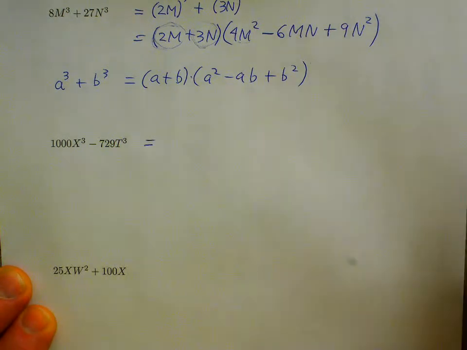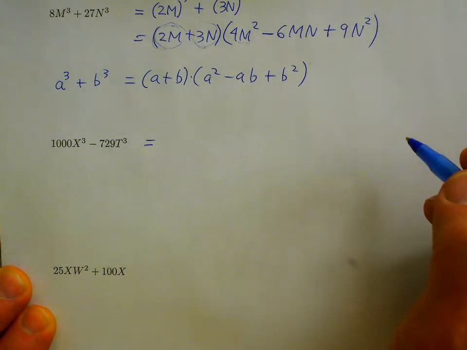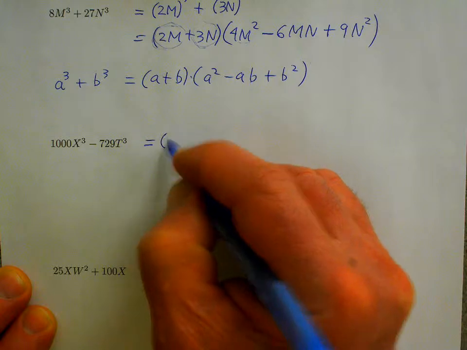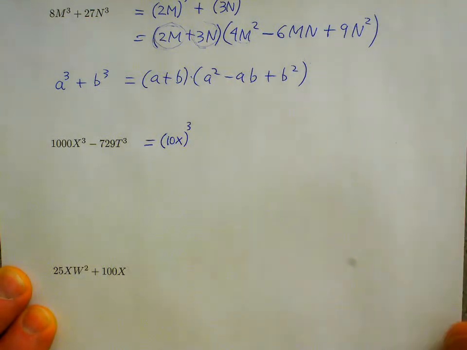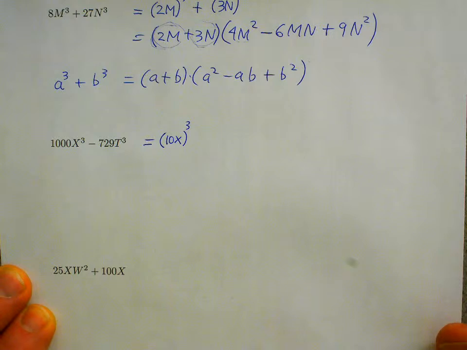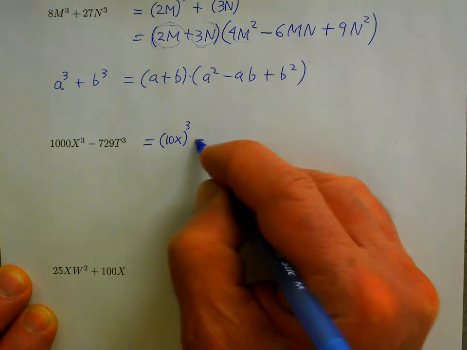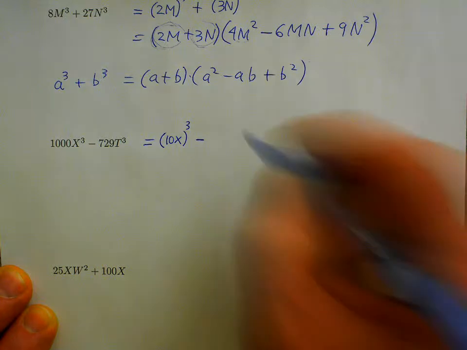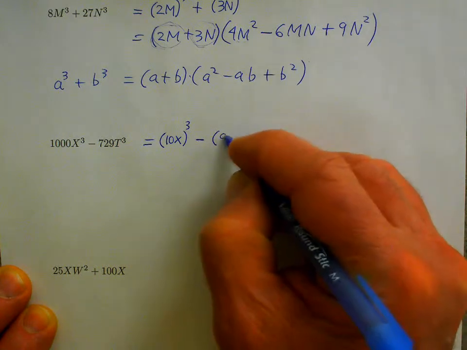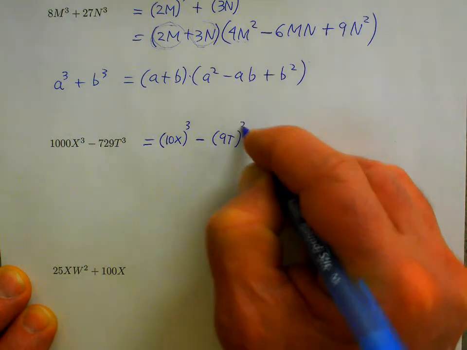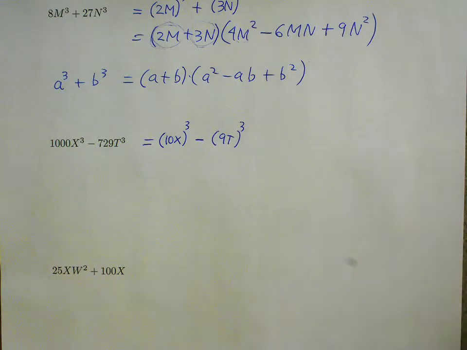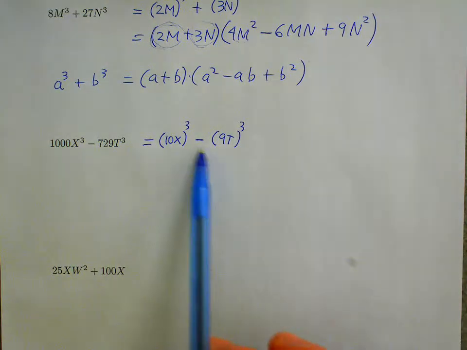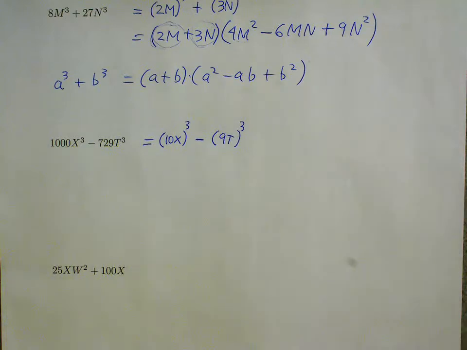So we can rewrite it. Instead of 1000x to the third, we can write the term 10x in parentheses to the third, because 10x times 10x times 10x is 1000x to the third. And from it, we can subtract the term 9t in parentheses to the third. So now it's more obviously a difference of two cubes.